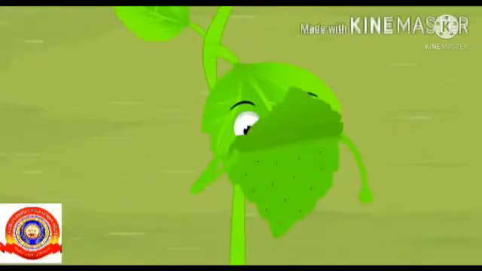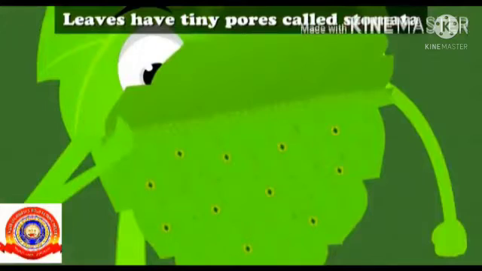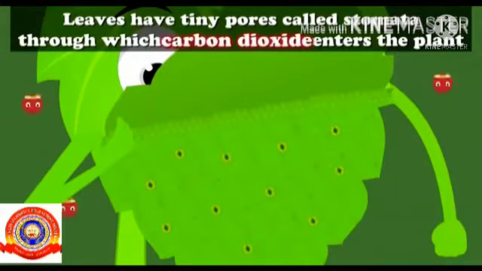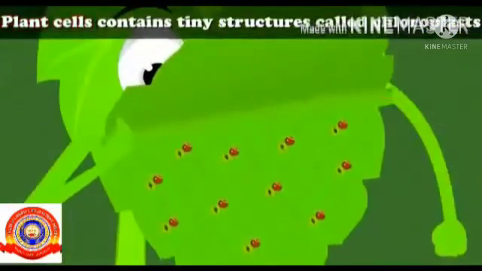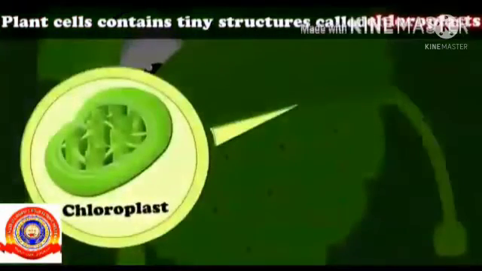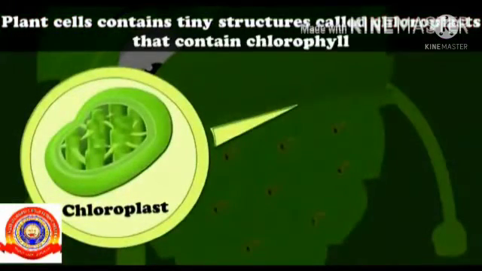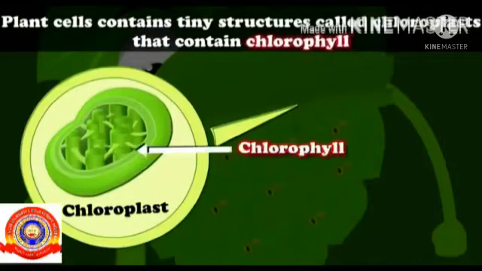Leaves have tiny pores called stomata, through which carbon dioxide enters the plant. Plant cells contain tiny structures called chloroplasts that contain a green color pigment called chlorophyll.